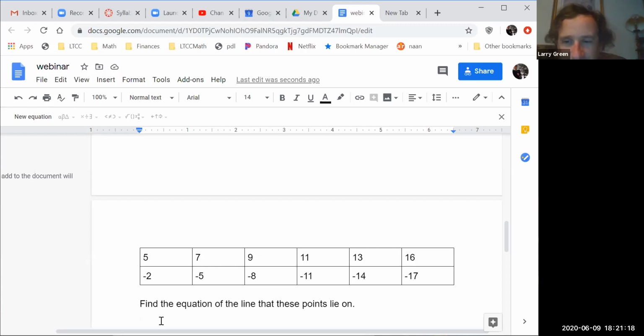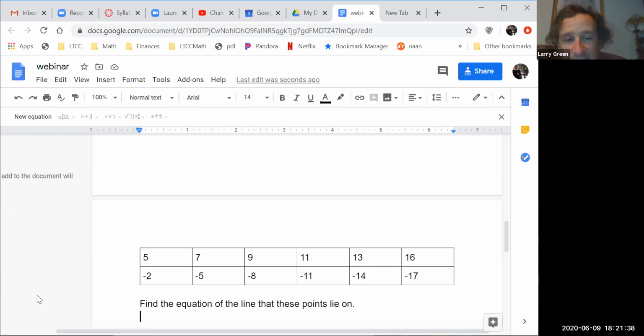The average, I'm looking for a different word. The hint is the same word that we used in the last example. The mean, yeah. Starts with an S. Slope. So you're going to find the slope of this line.